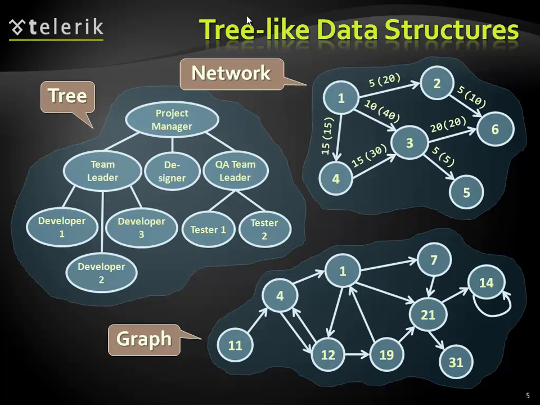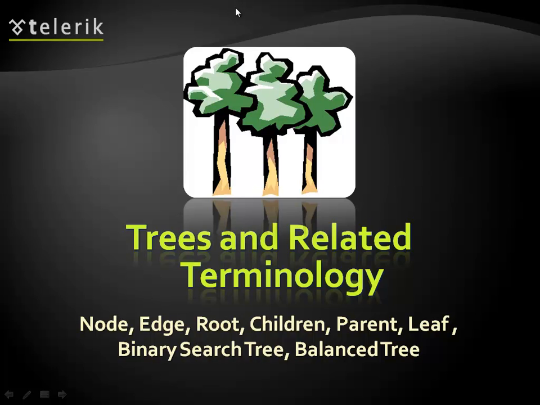So network and graph are basically, well, almost mean the same thing. Generally, a graph is something which has more connections, but we'll generally refer to a graph as anything of these two, either this or this. It's not that important.